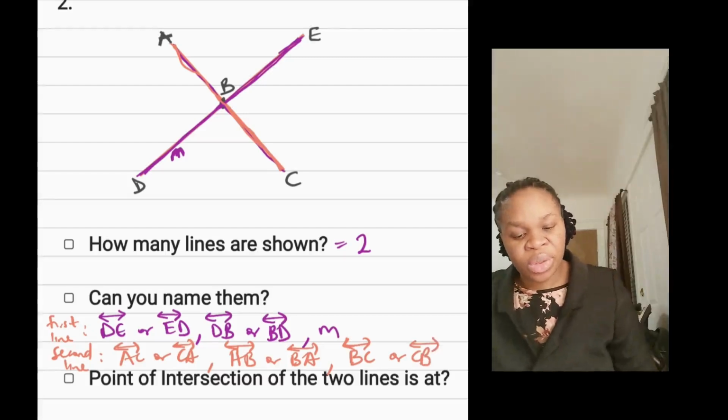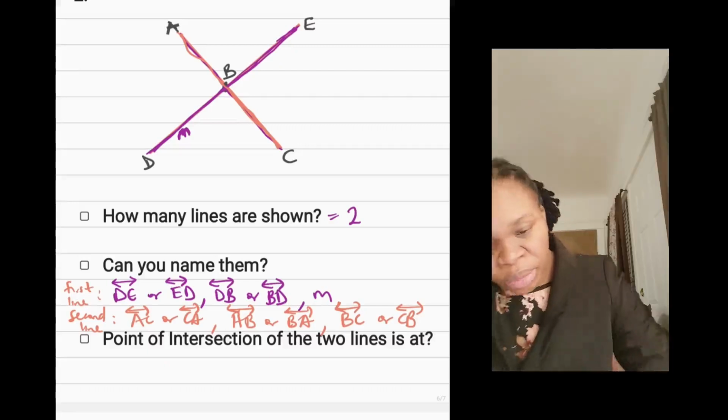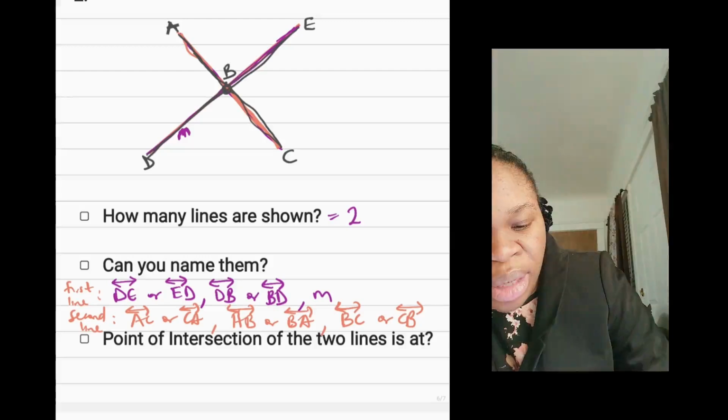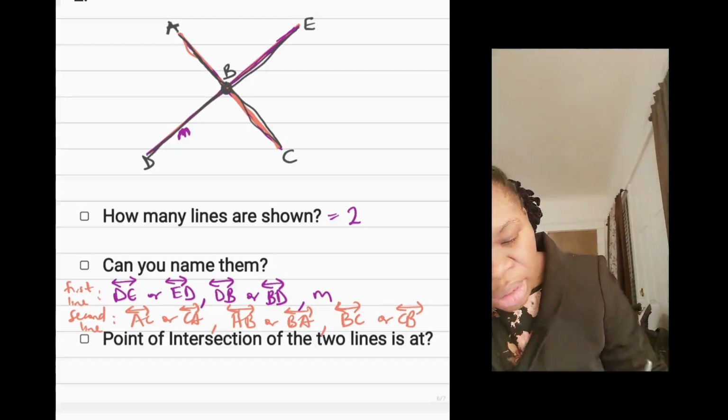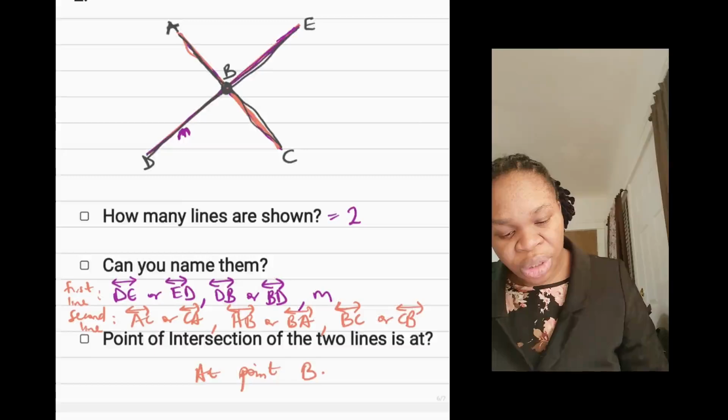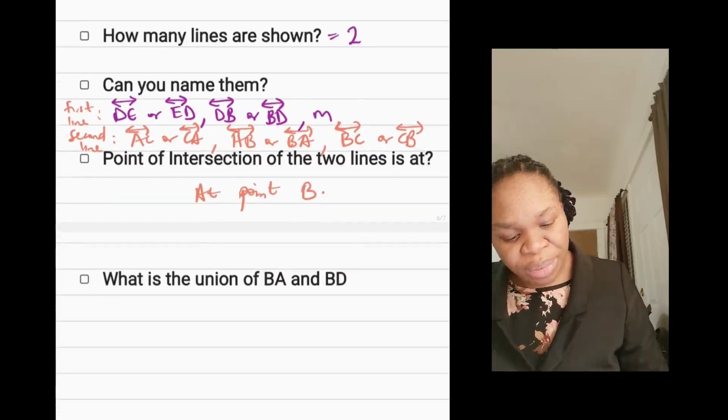So the next question says, point of intersection of the two lines is at where? Now we have this line and this line. Intersection is where they meet, and that is at B. So it's at point B. Then the last question, what is the union of BA and BD?